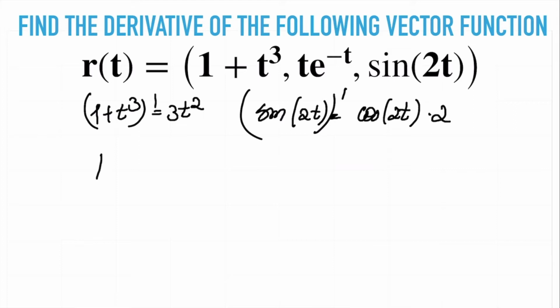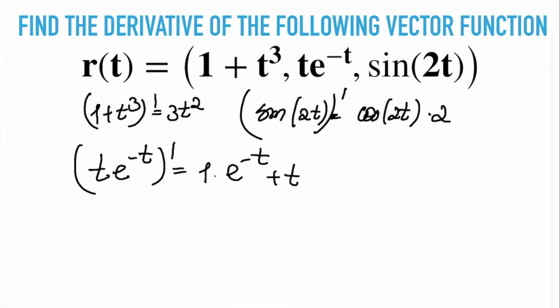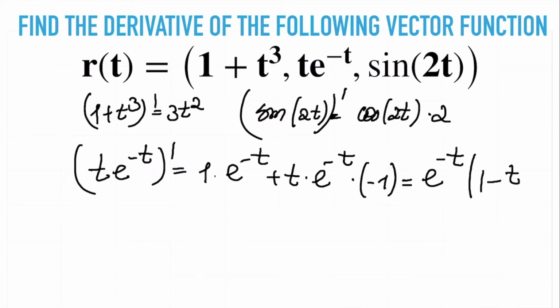Now, in order to take the derivative of t multiplied by e to the power of minus t, we have to use the so-called product rule. So I take the derivative of t, which is 1, multiplied by e to the power of minus t, plus t times the derivative of e to the power of minus t, which is e to the power of minus t multiplied by minus 1. After simplifying and taking e to the power of minus t out of the brackets, I obtain 1 minus t.